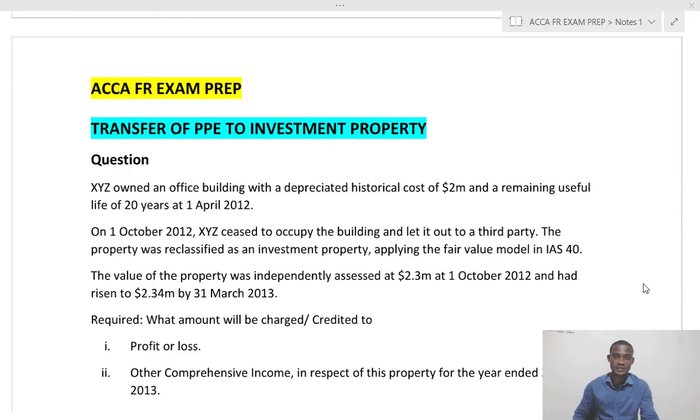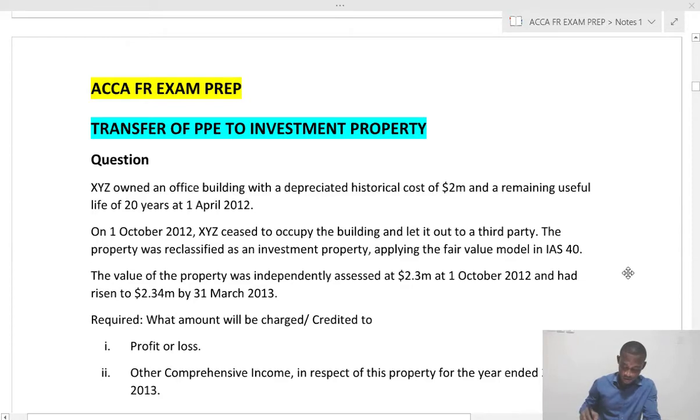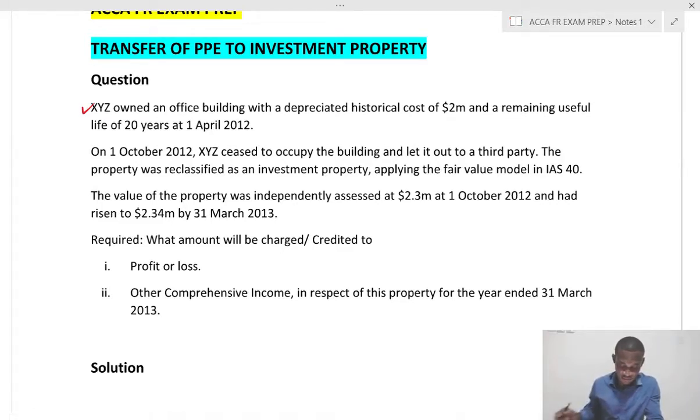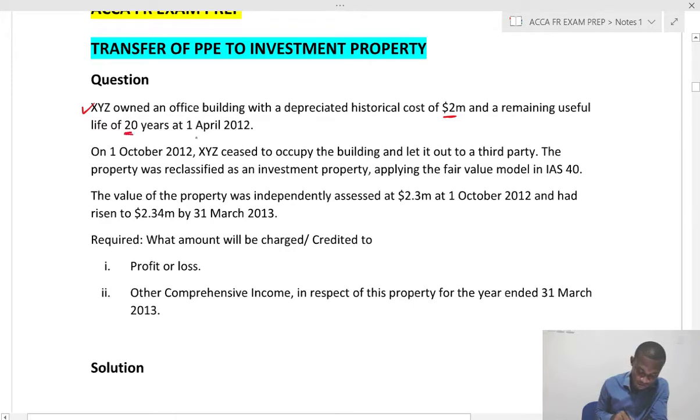Now, let's look at the question. XYZ own an office building with a depreciated historical cost of 2 million and a remaining useful life of 20 years at 1st April 2012.